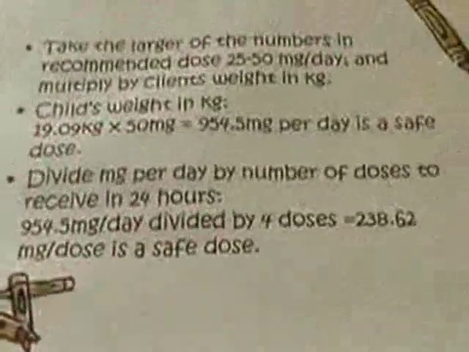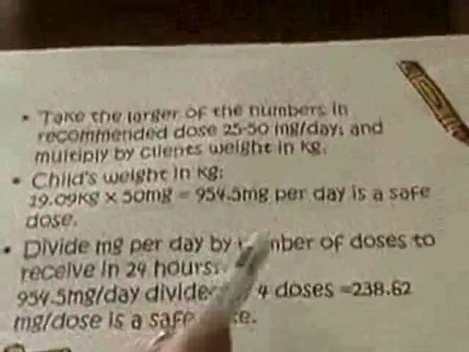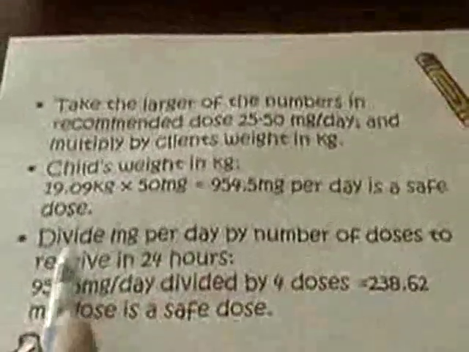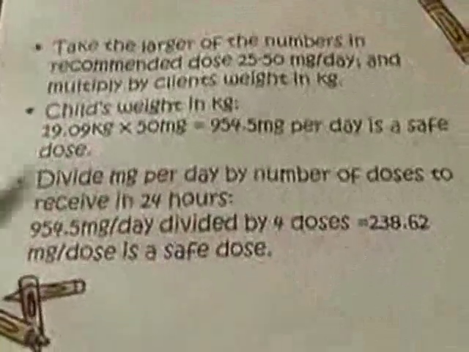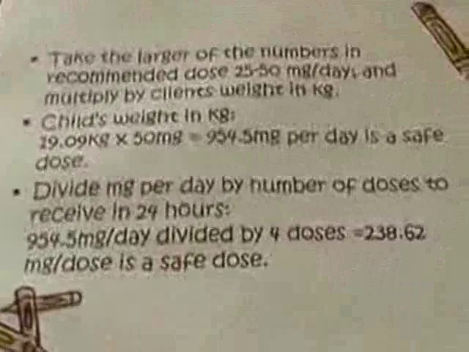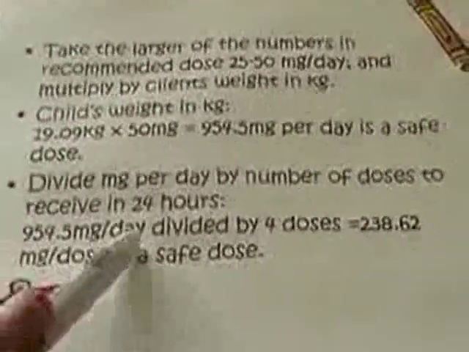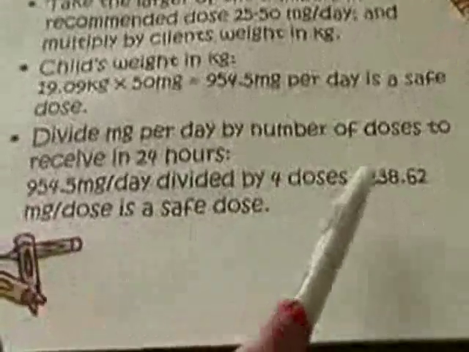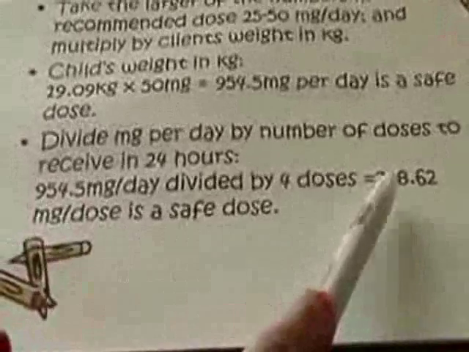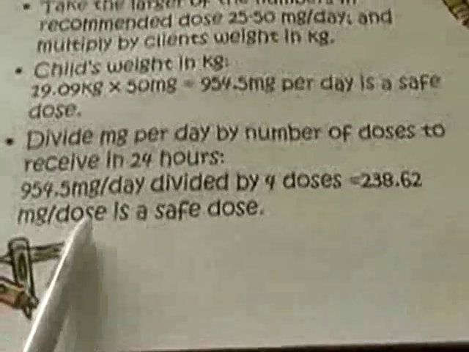Now remember, this is per day, a safe dose. Now we divide the milligrams per day by the number of doses to be received in 24 hours. In this case, we had determined that was 4 doses. So 954.5 milligrams per day divided by 4 doses will equal 238.62 milligrams per dose.